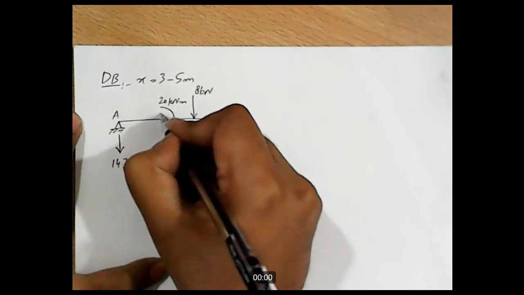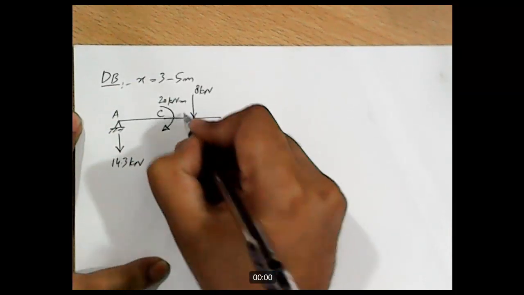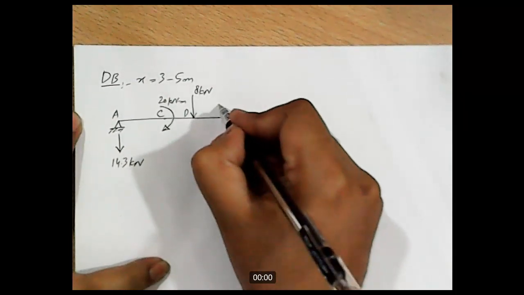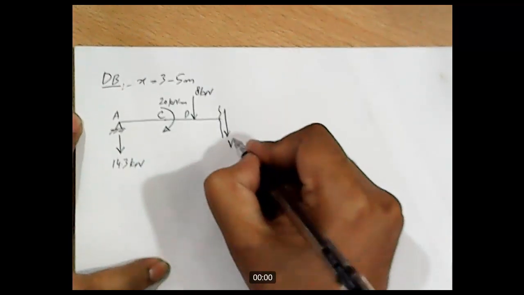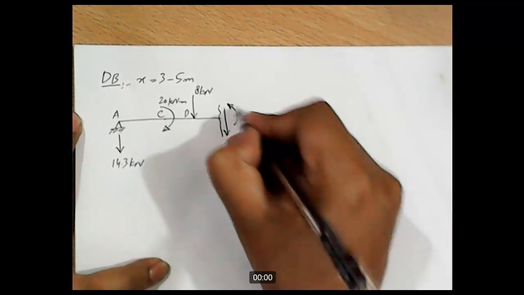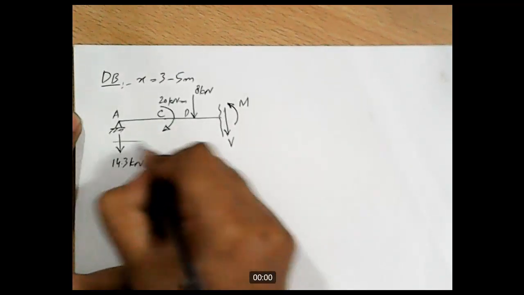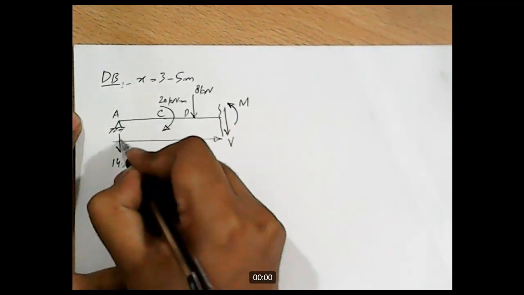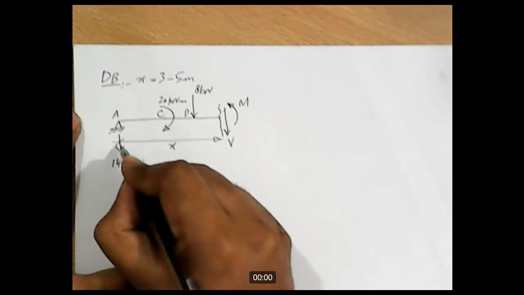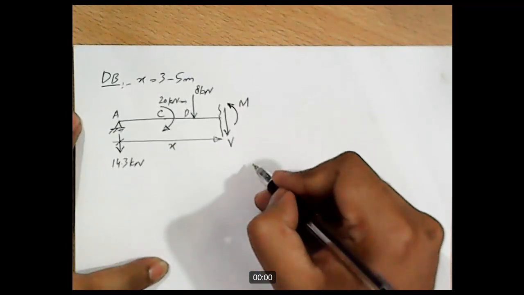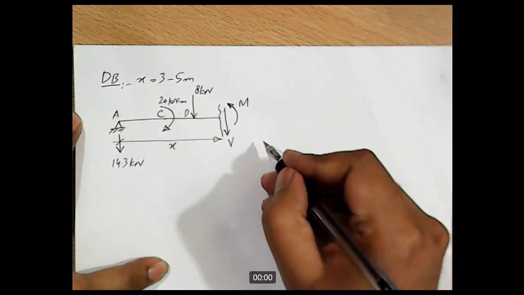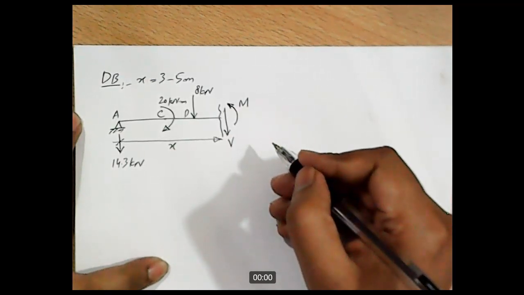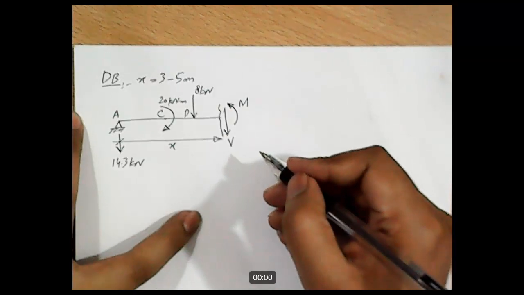This is A, C, and this is D. Here is our section. Shear V acting in downward direction, moment M in counterclockwise direction. X varies from support A up to the section, and the limits are 3 to 5 meters. Now what else do we need? I think this free body diagram is complete now.